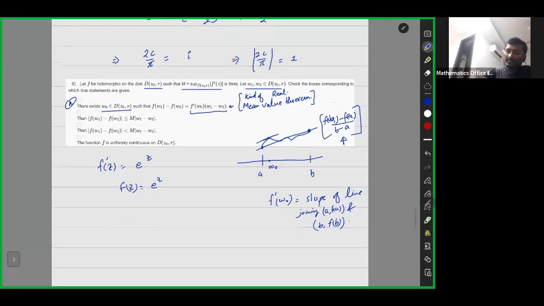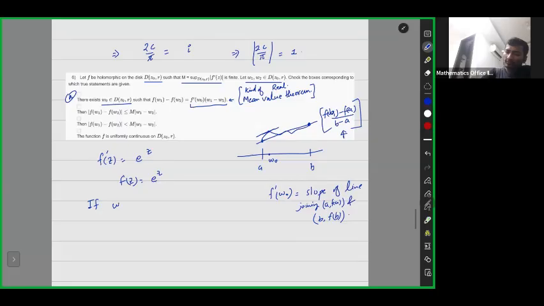But if w is equal to 0, 2 pi i or 2n pi i, f of w becomes 1, right? So on the left side it is 0, because if we take w1, w2 from this set, then the left side, f(w1) minus f(w2), is 0.